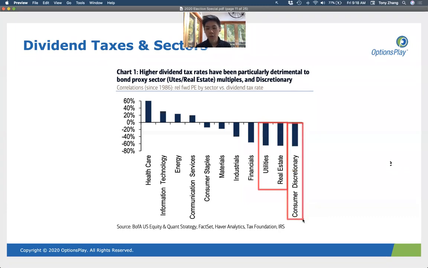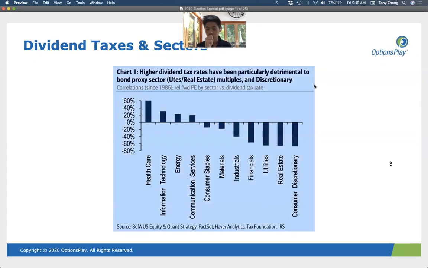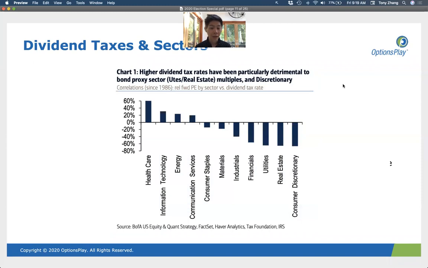The consumer discretionary also has a fairly large downside or negative correlation with higher dividend taxes, but I don't necessarily know that that's due to that. I think this is something that is yet to be seen as to why this is the case, but I don't necessarily know that that's a direct impact of higher dividend taxes. But financials, utilities, real estate, higher dividend paying sectors, generally speaking, are going to be negatively impacted from higher dividend taxes.